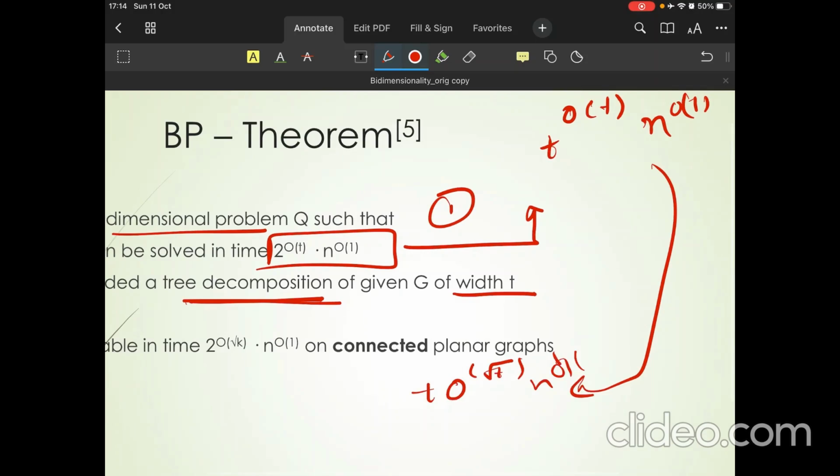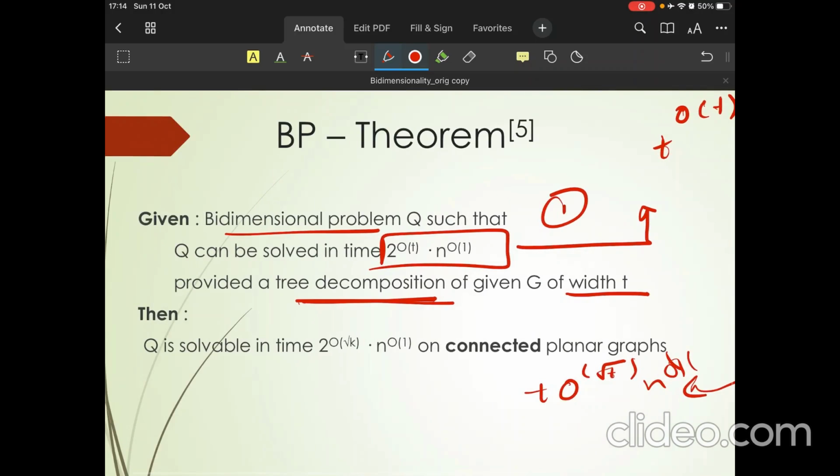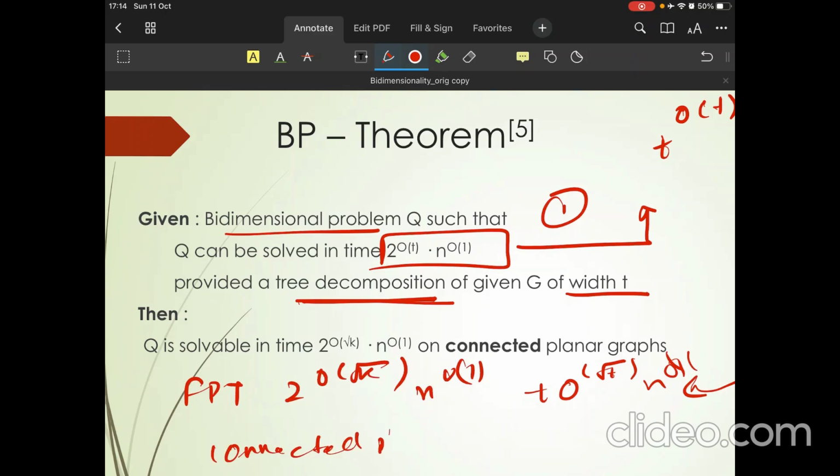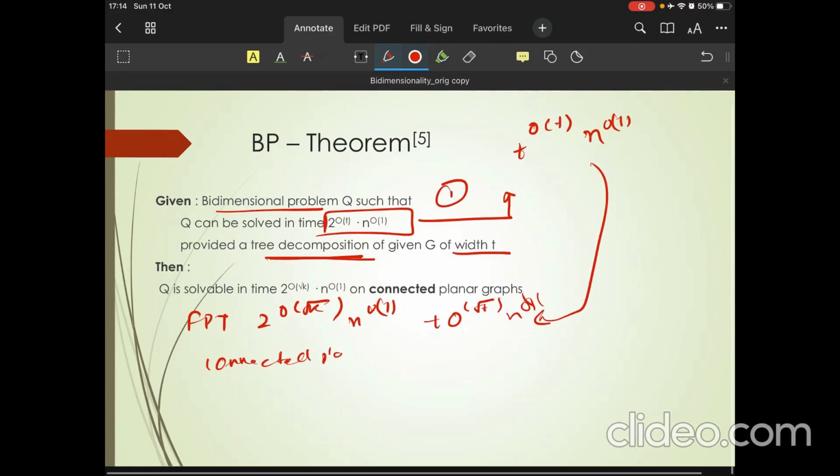It will be 2 power order root k and poly n. So given these assumptions that it can be solved for the given width with a tree decomposition, and bidimensionality, we say that it is FPT with running time 2 power order root k poly n on connected planar graphs.